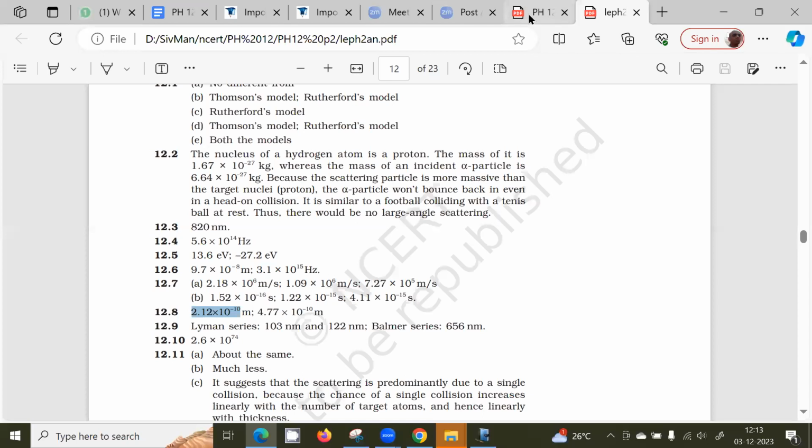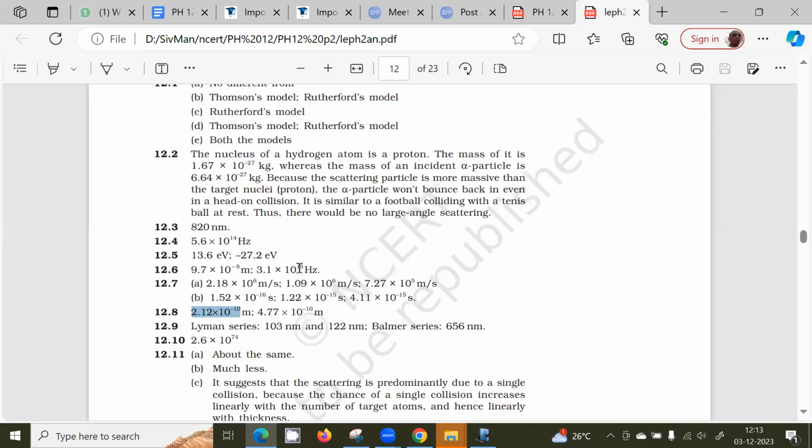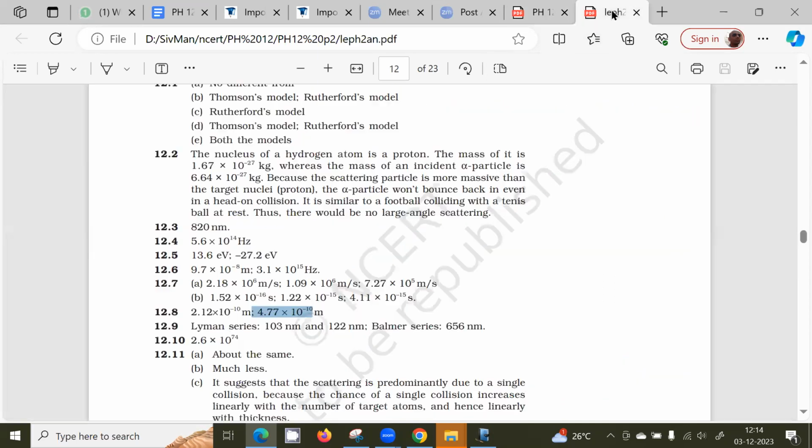Similarly, the next one will be 9 times this one. 9 fives are 45, and then 40, so 47.7 into 10 raised to minus 11, that is 4.77 into 10 raised to minus 10. Yes, it's correct. Simple, no?